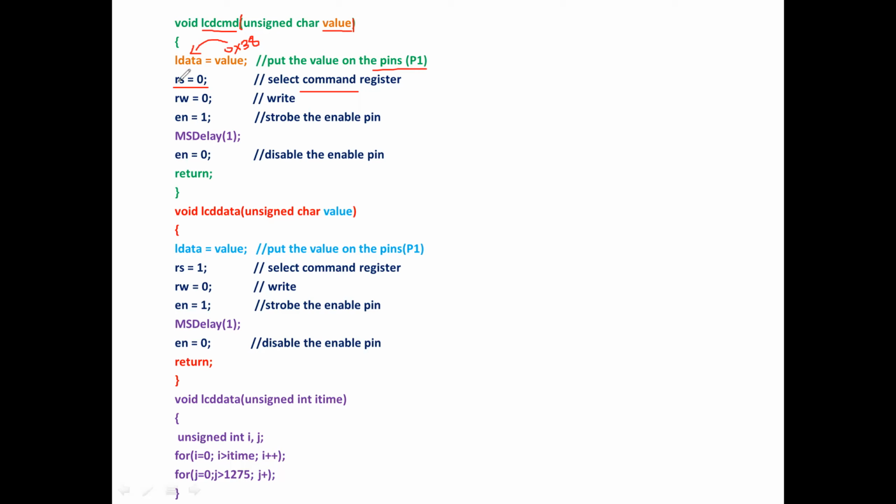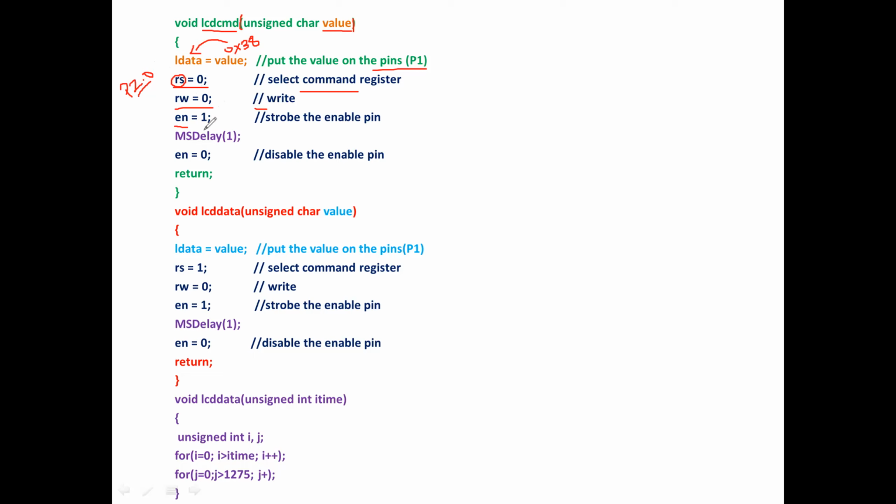What is this RS? RS is nothing but P2.0. If I put P2.0, then RS will automatically be set to 0. So RS equal to 0, command register is selected, write operation. If it is 0, write. Now it is ready to write.